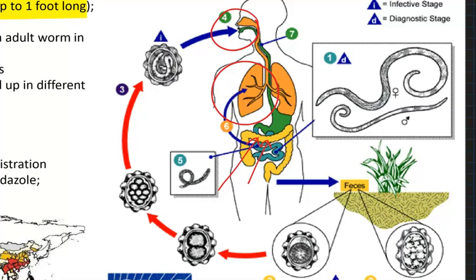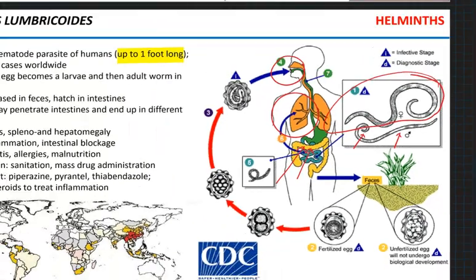Okay? You can see that in this case, females are significantly larger than males, but males have this little hook at the end. Okay? They do not attach themselves to the walls of your small intestine. They swim in there, like little Michael Phelpses.